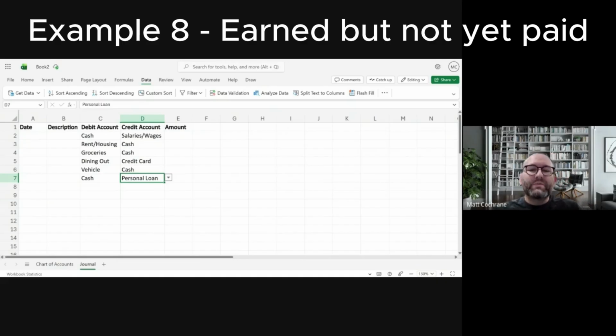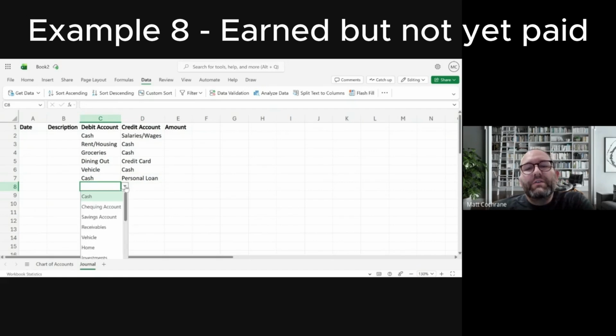So this is the case where you've earned it, but you haven't received cash. When you perform the service, you basically have an account receivable that is created. So we click receivables. Receivables is an asset, and assets increase with debits.